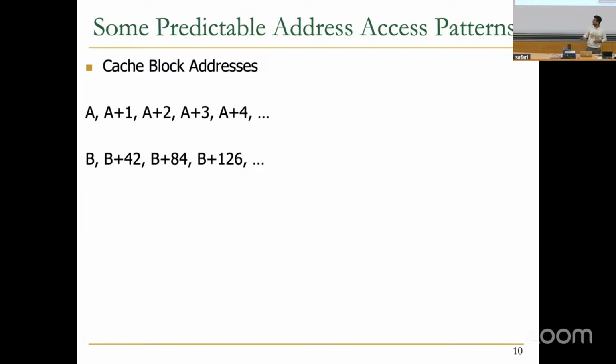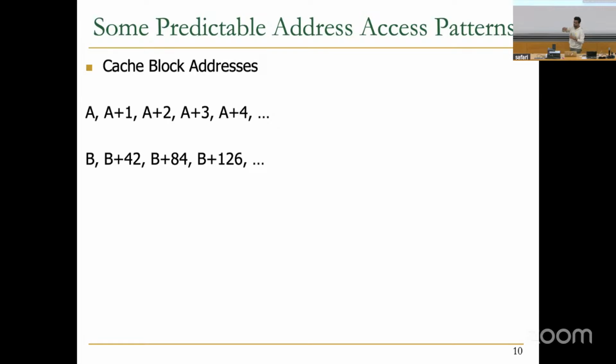I'm going to either prefetch all three of them, all four of them, or I'm going to jump ahead and then prefetch. Once you start looking at B and you know 42 is the stride, instead of fetching plus 42, you would actually fetch 126. So that's jumping ahead.